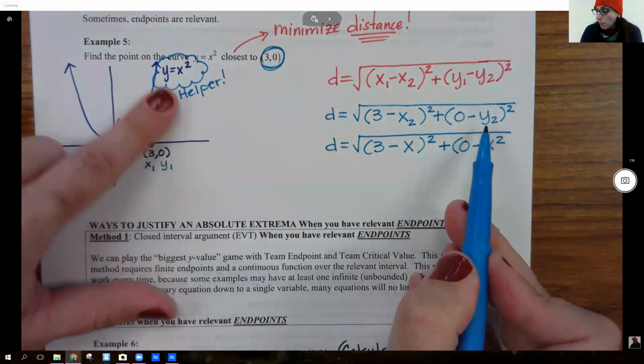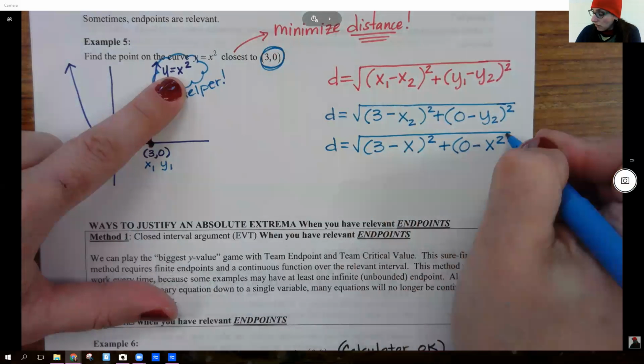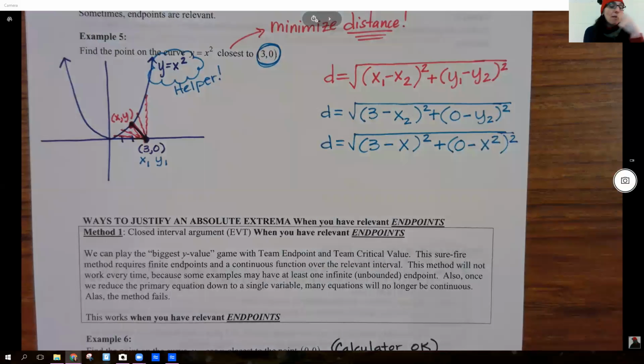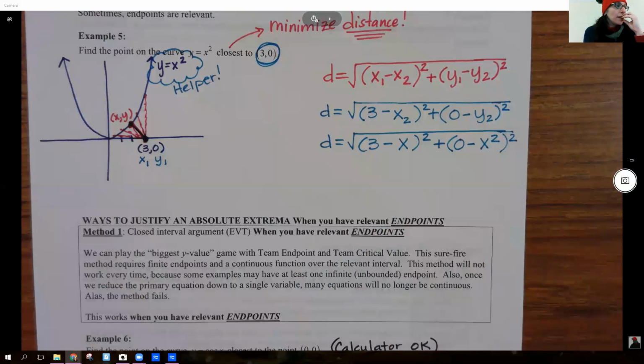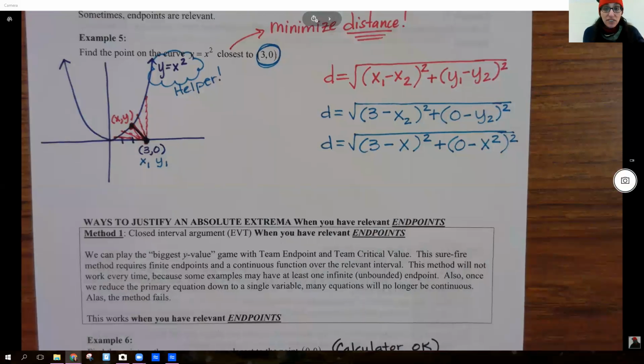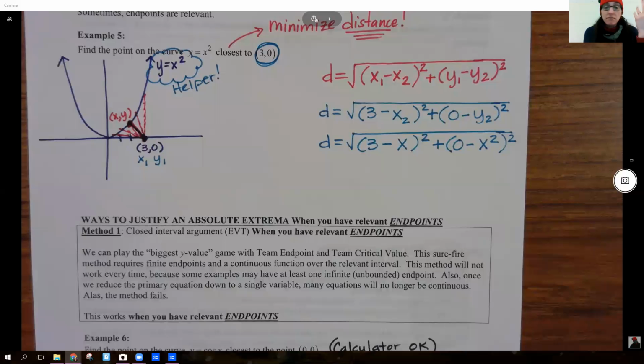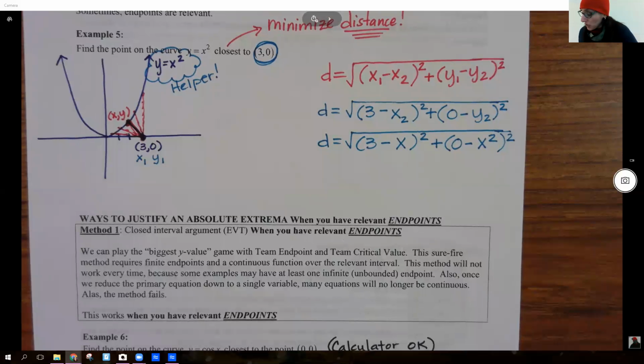Wherever you see a y, put x squared. All right, perfect, very good. So now we just have to take the derivative of that. It's going to be a little bit fun, but you can handle it for sure.